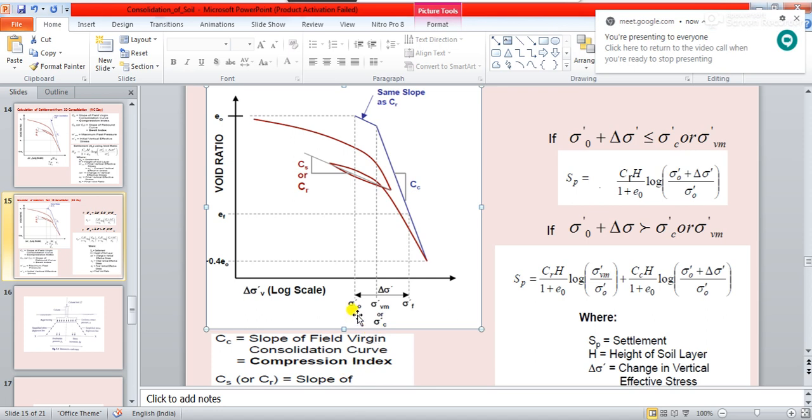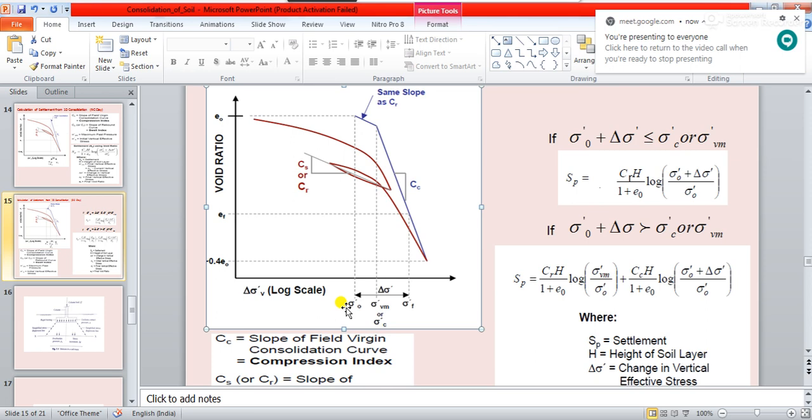So the soil will be experiencing lesser stress than the pre-consolidation stress, which is actually sigma naught dash. And to that sigma naught dash, there will be adding up of incremental stress because of the external construction happening on top of the soil, and that is given as delta sigma.